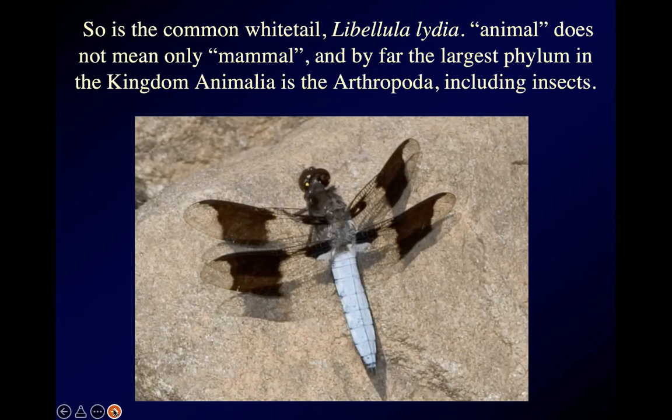Other arthropods that are not insect include spiders and scorpions and ticks and crabs and lobsters and shrimp and tailless whip scorpions and many, many other types. So most animals don't have hair, don't look especially adorable, don't feed their babies with milk, and aren't especially cuddly.